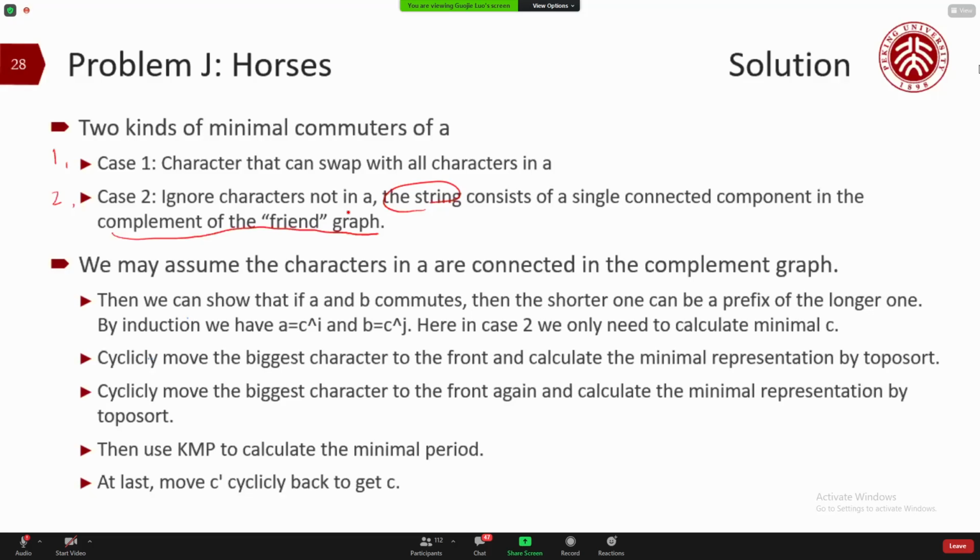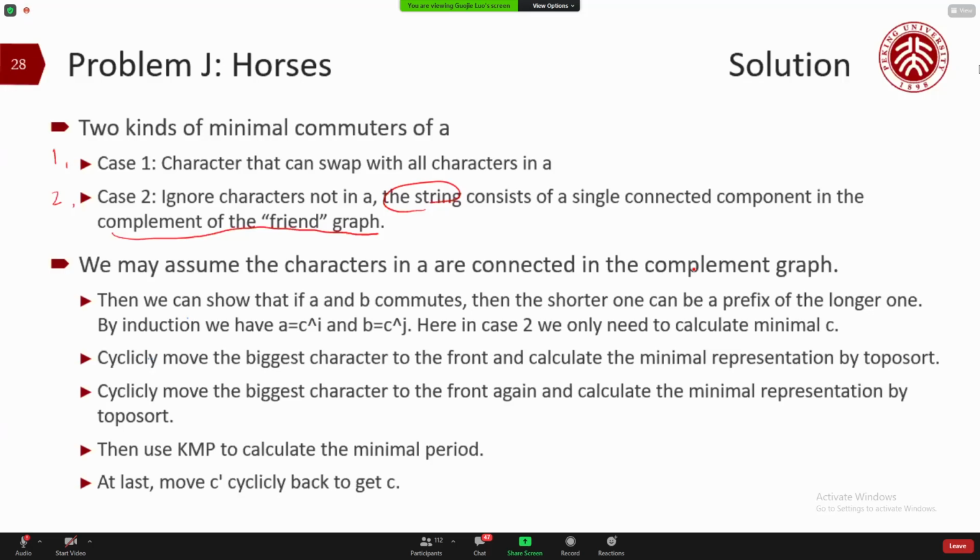We may assume the characters in A are connected in the complement graph, so the characters in A are also not able to swap. Otherwise, we would need more effort to derive the actual cases. Here we only consider the simpler case, and in other cases, we can convert to these simpler cases.